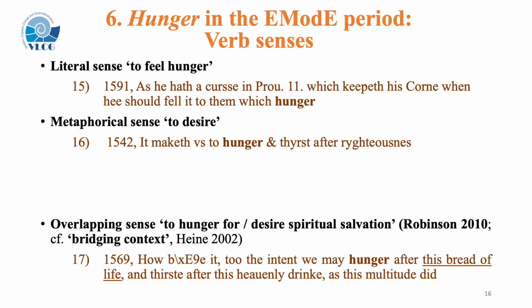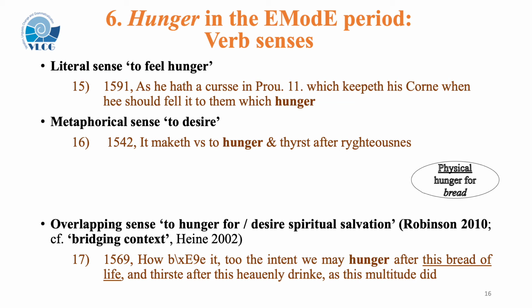Then there is this overlapping category, a label which I adopt from Robinson 2010. In this sense, the verb can be alternatively paraphrased as to hunger for or to desire spiritual salvation, and it accommodates examples which cannot be clearly ascribed to any of the other two senses. In 17, for instance, "to the intent we may hunger after this bread of life."